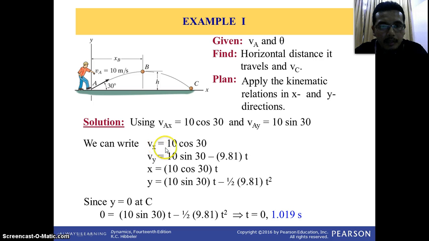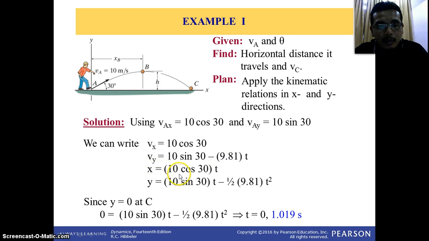So Vx we can get as 10 cos 30. Because the acceleration in x is 0, Vx just stays V naught x. So Vy is 10 sin 30 minus 9.81 t.